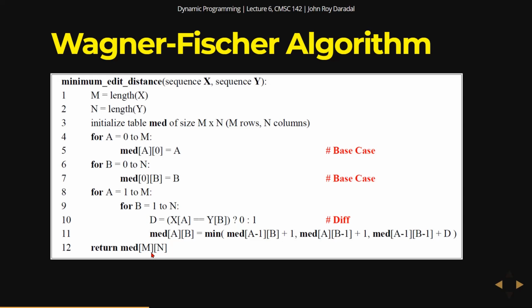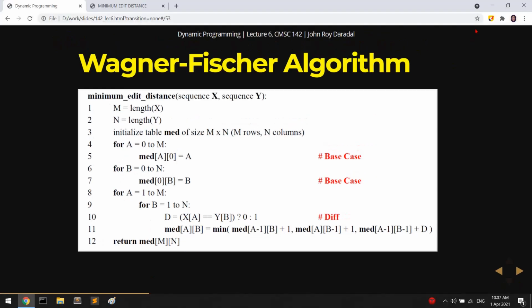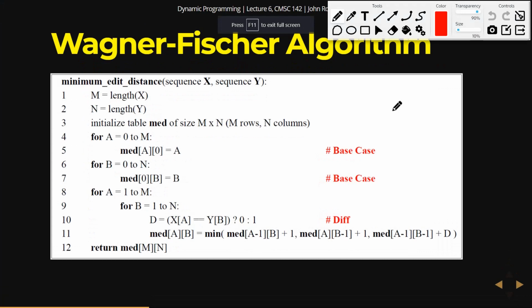So how will that look like? For the table, it will look something like this. Let's say that this is AB. This is the coordinates for AB.